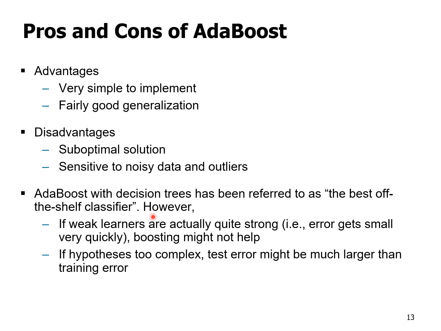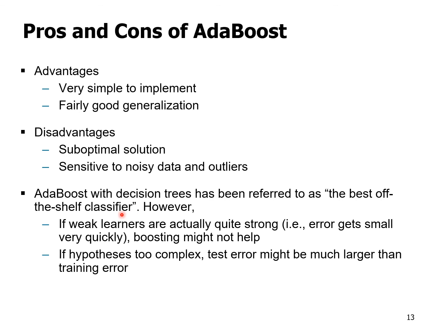Actually, AdaBoost with the decision tree has been quite good. It is referred to as the best off-the-shelf classifier. So AdaBoost with a decision tree may be better than AdaBoost with, let's say, deep learning. So that's a very interesting property of AdaBoost.